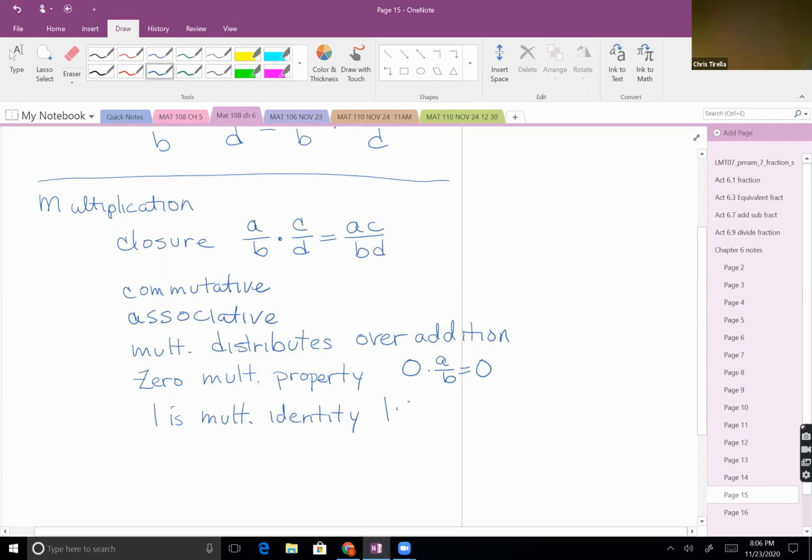If I take 1 times A over B, I can think of that as 1 over 1 times A over B. That will also leave me with that factor I started with, A over B.